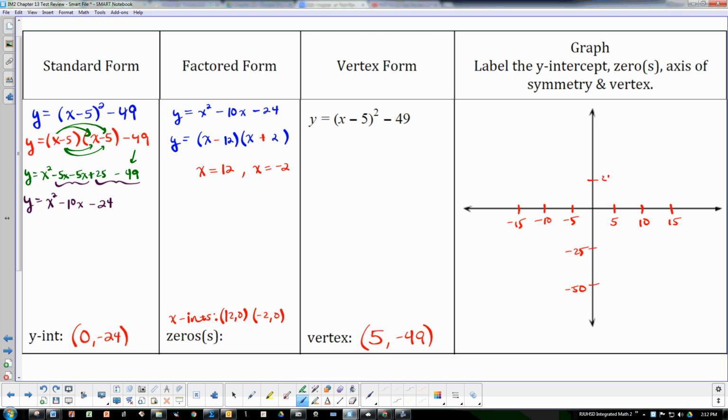We'll say this is 25. All right. Let's graph the y-intercept, negative 24. So about right here. Next, let's graph these two x-intercepts, so 12, 0, probably about right there. And then negative 2, 0, maybe about right here.